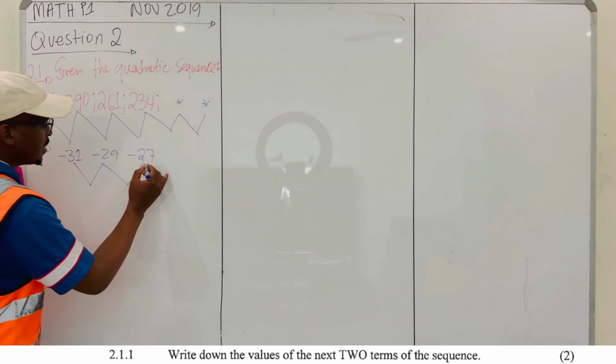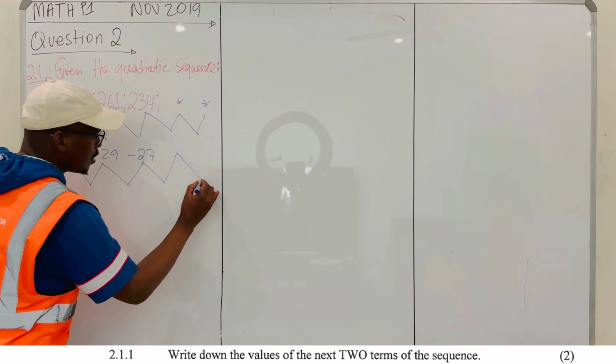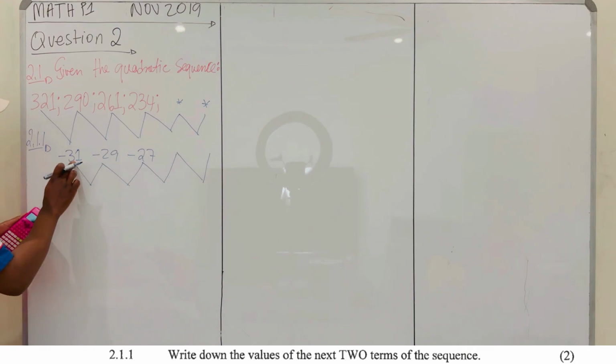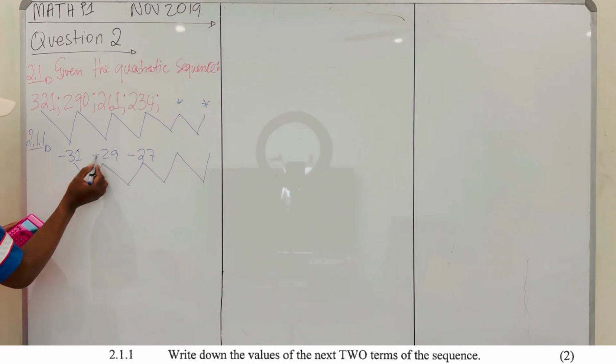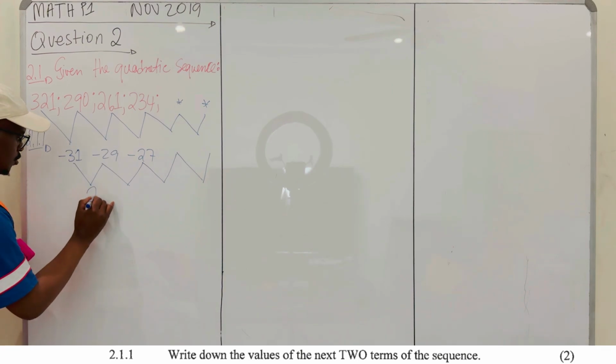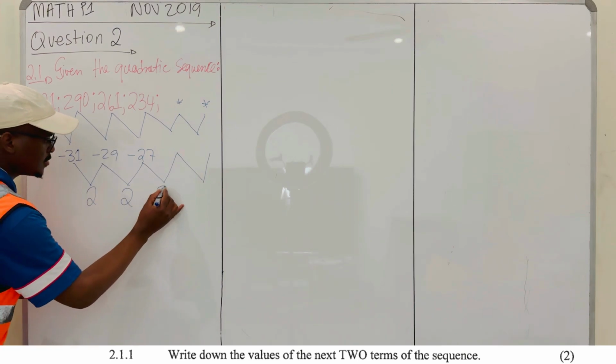So let's find it. Minus 29 minus negative 31 is 2.